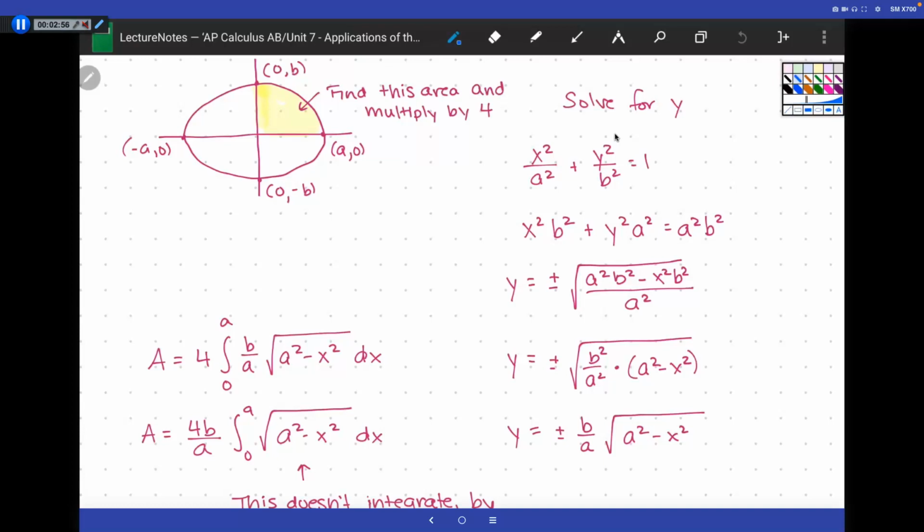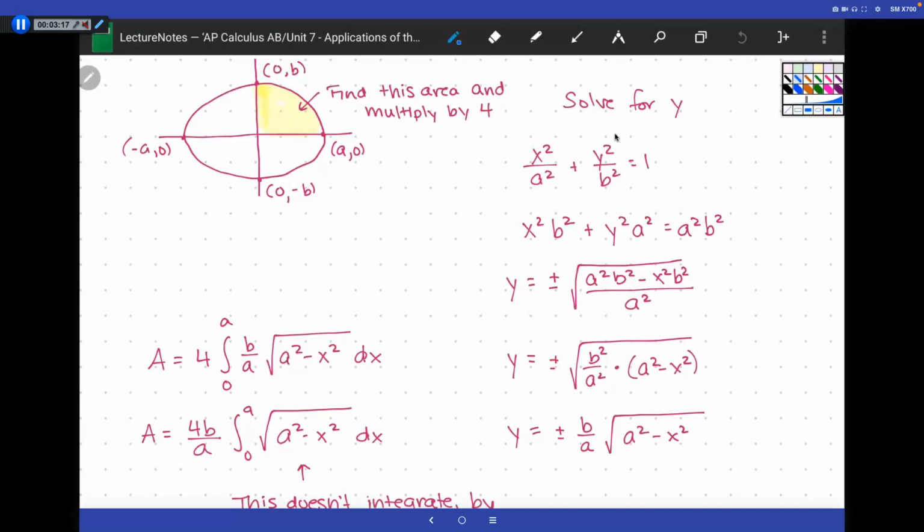Then there's solving the integral, which is not so friendly either. First of all, b over a is a constant, so I can factor out the constant from the integral and be left with that. But still, how do we integrate this? There actually is a way to integrate this. We haven't learned it. It's not even officially a BC topic.